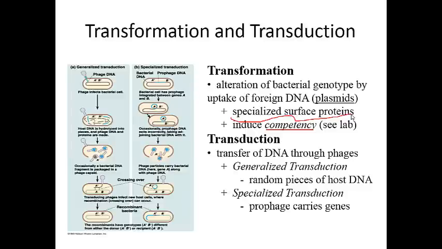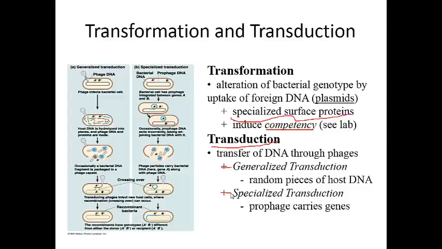Another way that bacteria transfer information is through a process called transduction. Transduction is when phages are used to transfer DNA from one bacteria to another bacteria. This occurs accidentally. There are two forms of transduction. We have generalized transduction and specialized transduction.